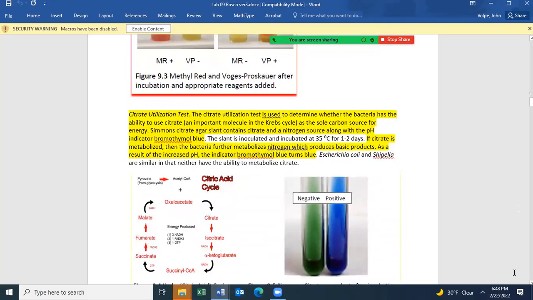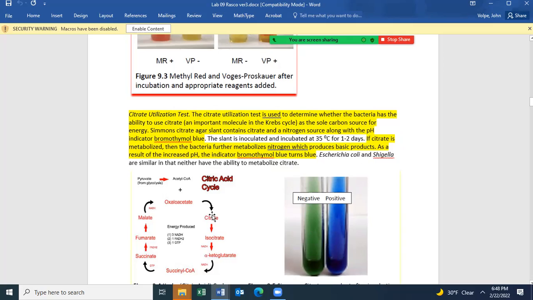All right, the citrate utilization test is looking at the utilization of the carbohydrate citrate, where citrate is the only energy source in the tube.